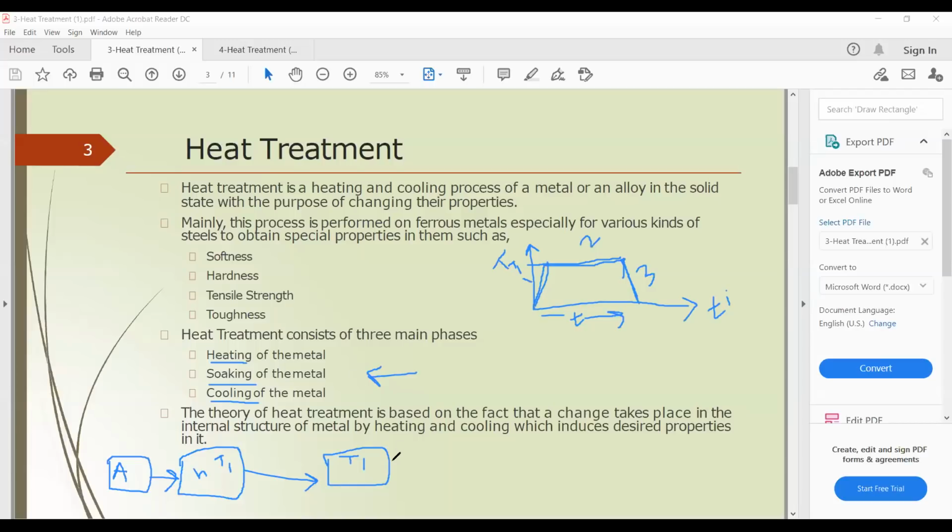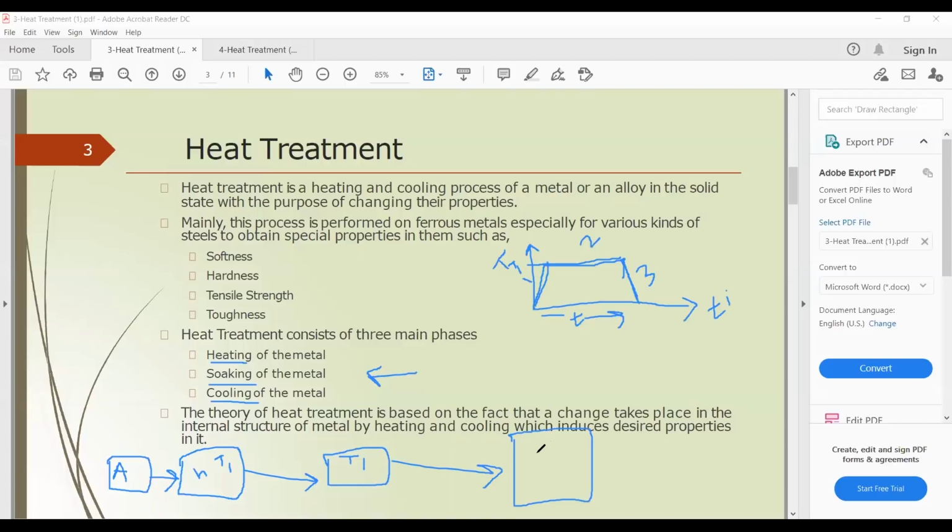Then this metal is removed from the furnace. You take that metal away from the furnace and then do the cooling process. So cooling or quenching is the third step.